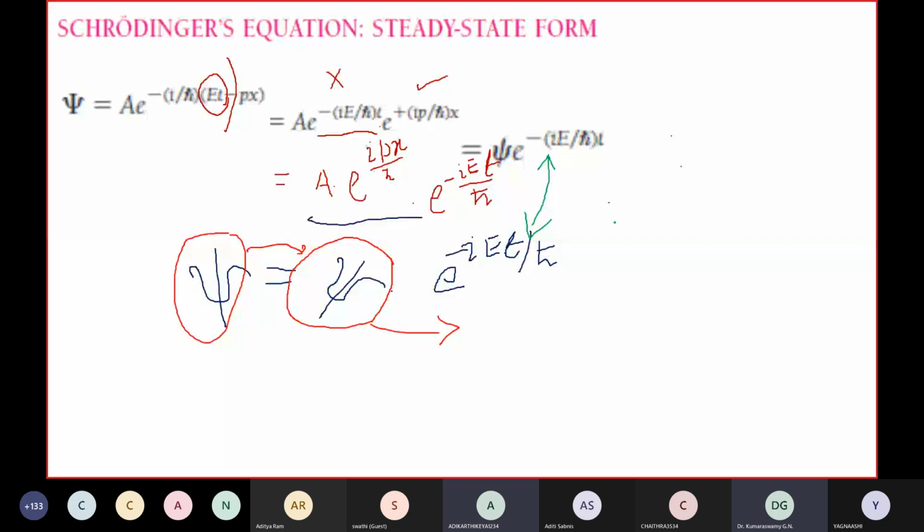The quantities may have real as well as imaginary parts, just like what you studied in dielectrics of materials. To represent real and imaginary parts, we need this i. Okay, sir. Thank you.